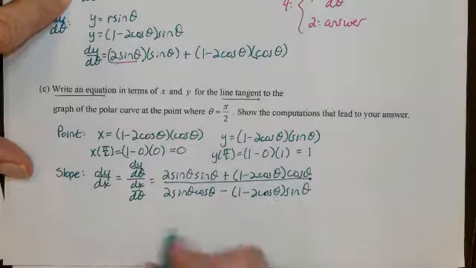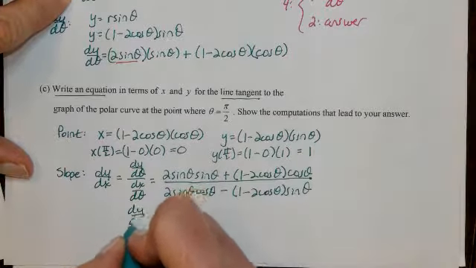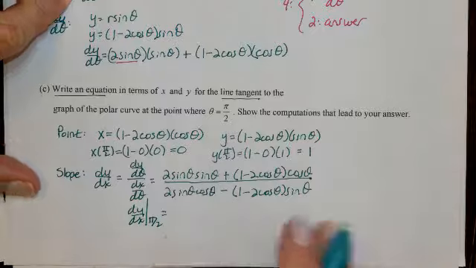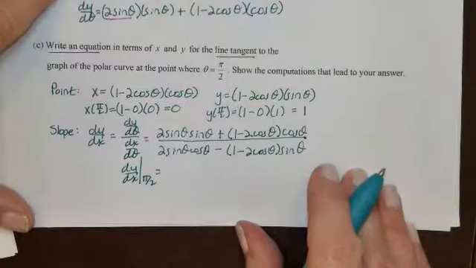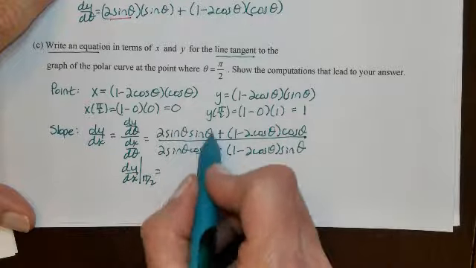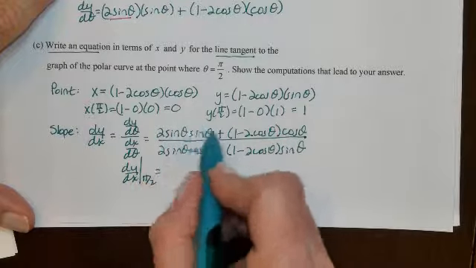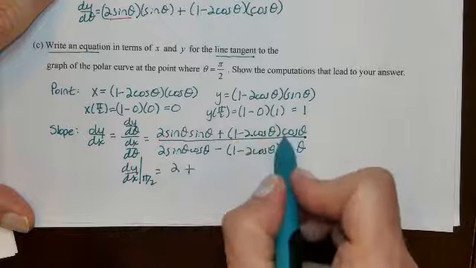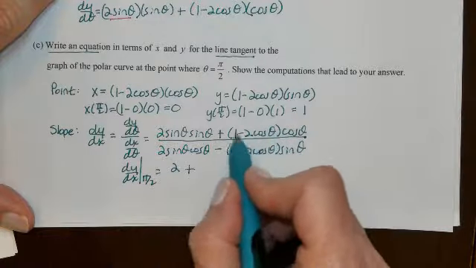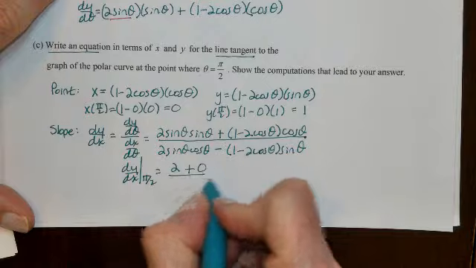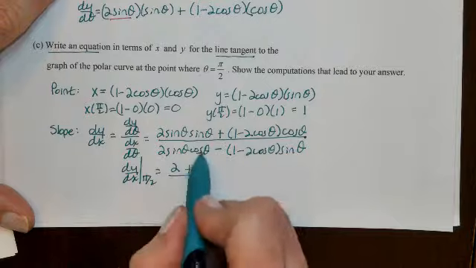Okay, and now dy dx at pi over 2 will be, alright, sine of pi over 2 is 1, cosine of pi over 2 is 0, right? So this will be 2 times 1 times 1 plus 0 times 1 minus 0. So that's just going to be a 0. Down here, the cosine of pi over 2 is a 0.